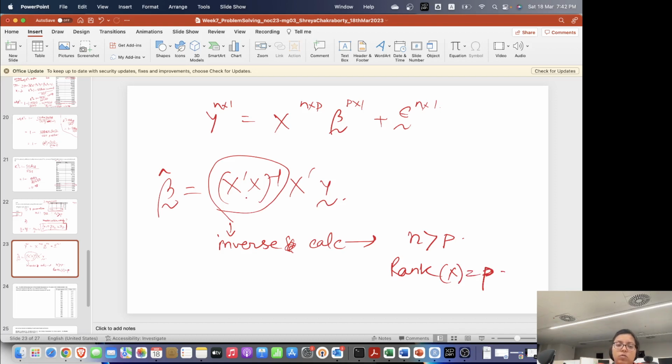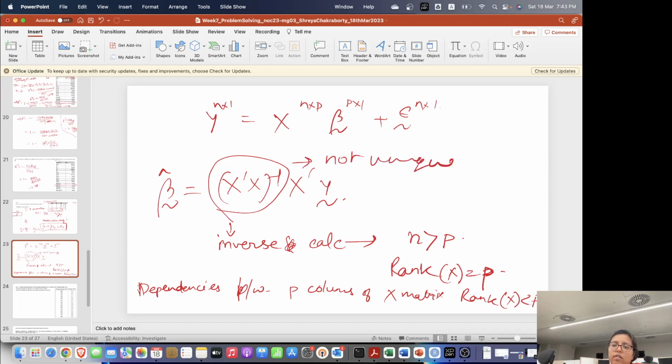So what essentially happens, if I have dependencies like these between the p columns of the X matrix, is that rank of X becomes less than p, and this inverse is then not unique. So for the inverse to be unique, the rank of X should be equal to p.